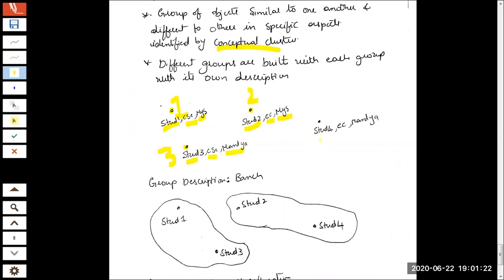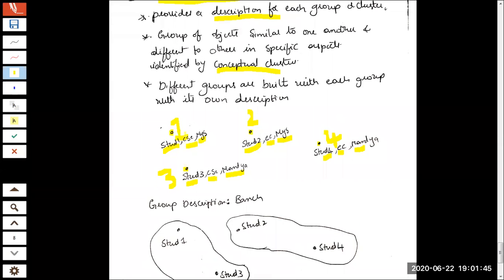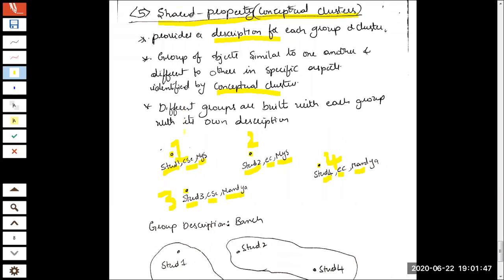And the fourth data point is student 4 from EC branch, who is also from Mandya. So we have four data points, each with its own specific details or properties. Now, we are discussing conceptual cluster.